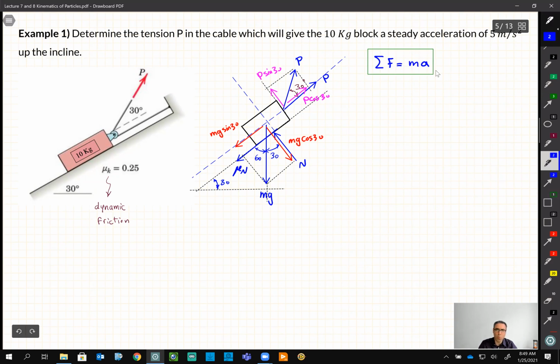And we can do one more thing to simplify our life. We can say that the same formula is correct if I break it down to x and y directions. So this is our x and this is our y direction. So I can write down sum of the forces is equal to m a x, and sum of the forces in the y direction is equal to m a y. But we don't have any motion in the y direction, right? So it has to be 0 then.